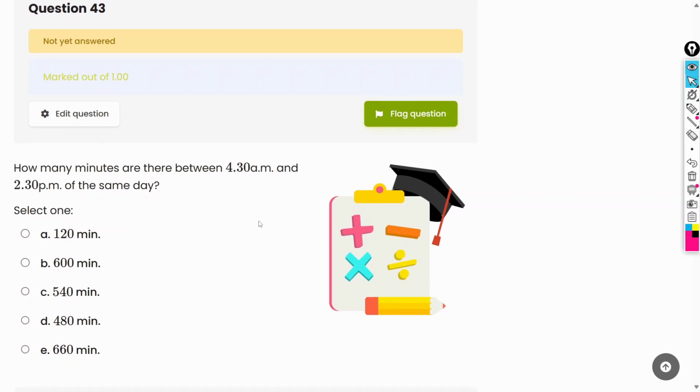How many minutes are there between 4:30 a.m. and 2:30 p.m.? So first, let's figure out hours from 4:30 a.m. to 2:30 p.m. That's 2:30 p.m. minus 4:30 a.m. Whenever we have questions like this where we need to do p.m. minus a.m., it's best to change p.m. to hours, and then 4:30 a.m. is the same as 4:30 hours.